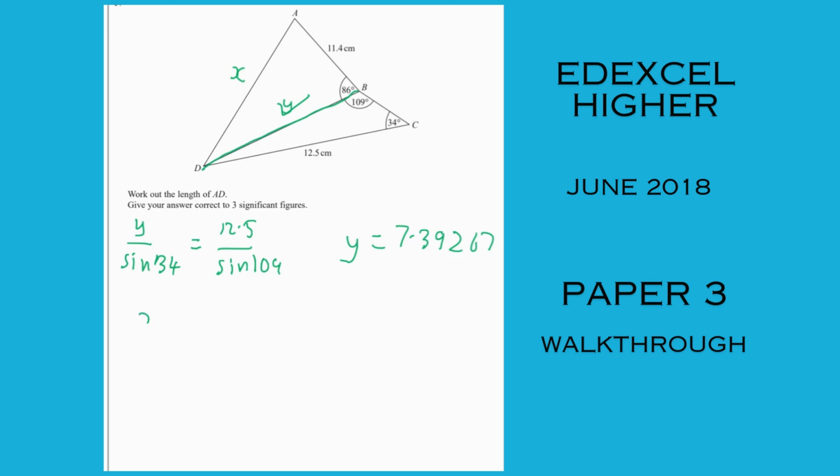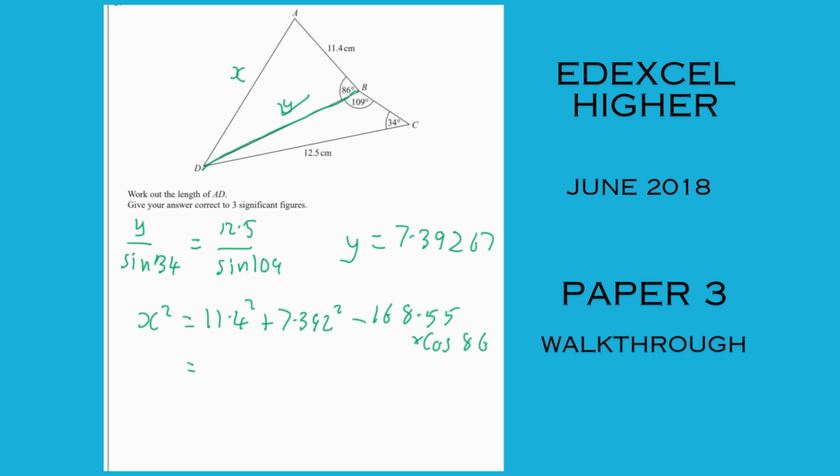So we can say X squared is equal to the 2 sides squared and added, minus 2 lots of those multiplied together. I get 168.55 multiplied by cos of the angle between, 86.